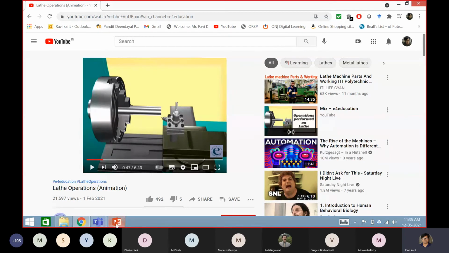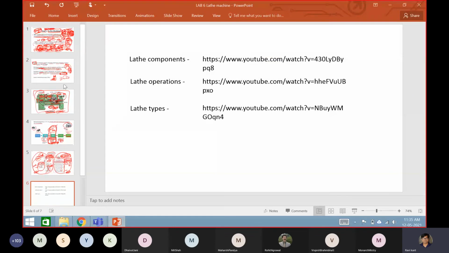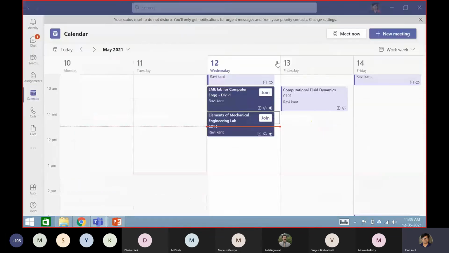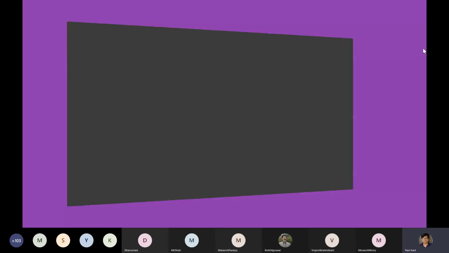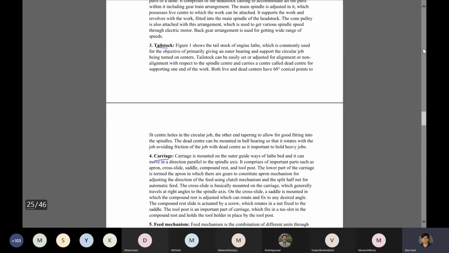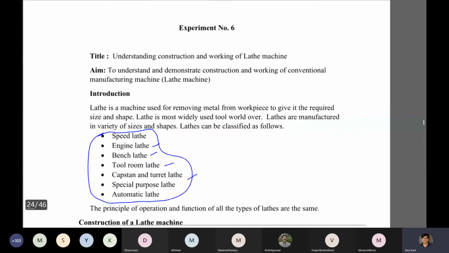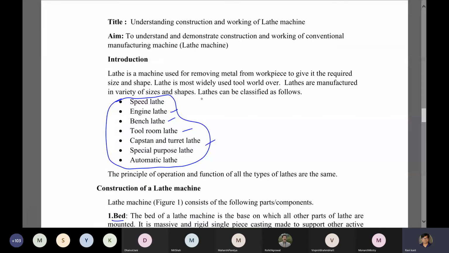So yes, that actually ends my lecture. But let me just open the lab manual once again, and show you what we have learned so far. This is your experiment number 6. Introduction: lathe classification.